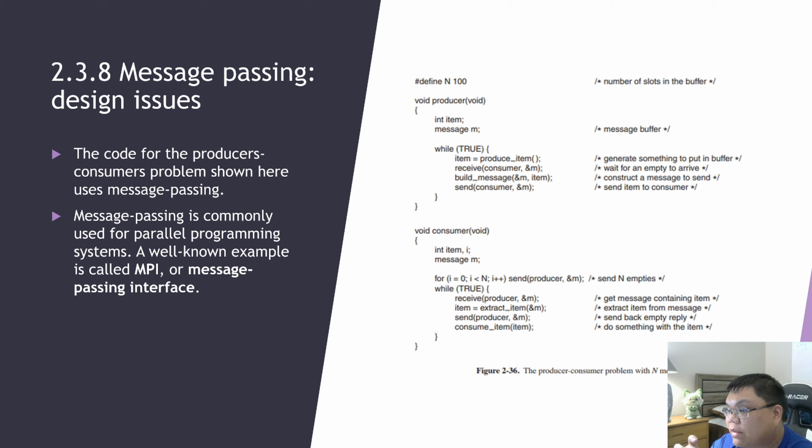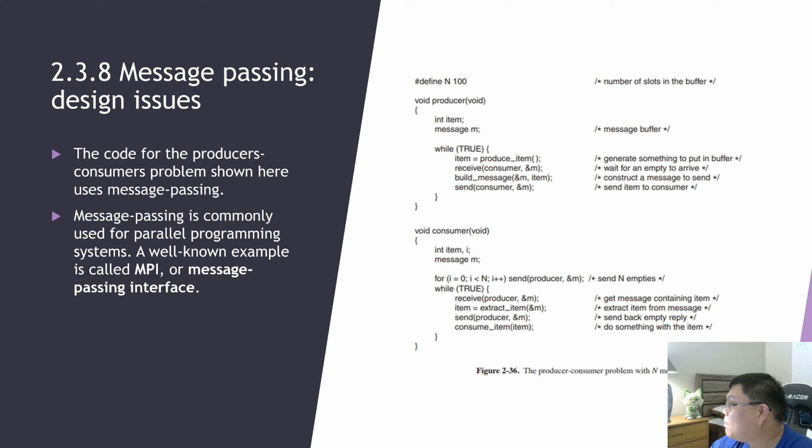For the consumer, it receives a message with an item from the producer. It extracts the item from the message. It sends back an empty reply, and it finally does something with the item. So that's just an overview of what happens here.